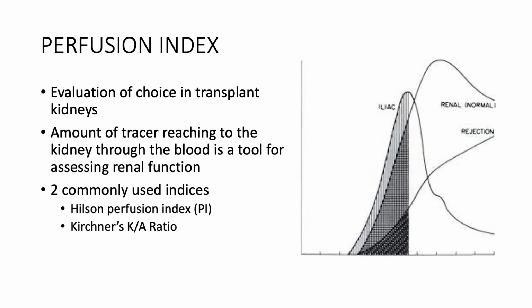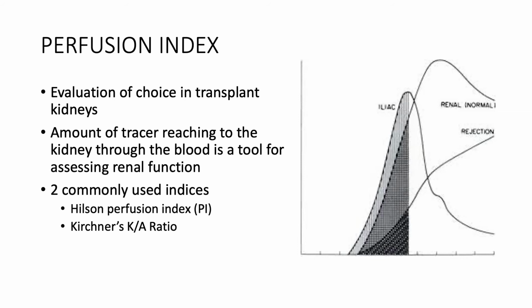Aside from the time activity curve, perfusion index may also be generated. Now, perfusion index is an evaluation of choice in transplant kidneys. It actually measures the amount of tracer reaching the kidney through the blood, and it is a tool for assessing renal function. Now, there are two commonly used perfusion indices.